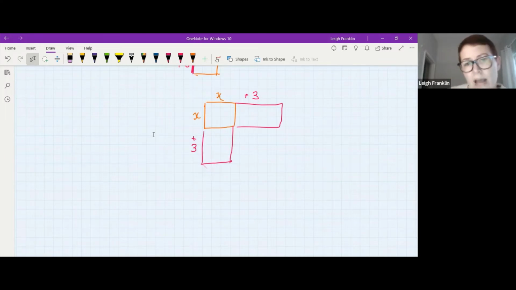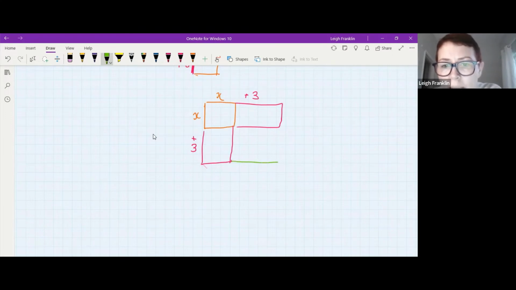If you look at this orange and pink shape on the screen, it's not a rectangle anymore, and it's also not a square. Now I want to turn this whole thing into a square so that it's x plus 3 units by x plus 3 units. In order to complete the square, I am going to add in this block over here. What is the measure of this block?